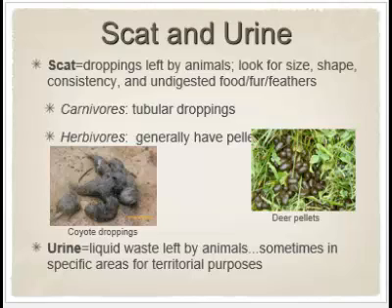Herbivores, however, usually have pellets or pellet-like droppings, a lot of which will contain grass and other herbaceous material. The deer pellets on the right-hand side are fresh, and you can tell that they look almost like little raisinets.